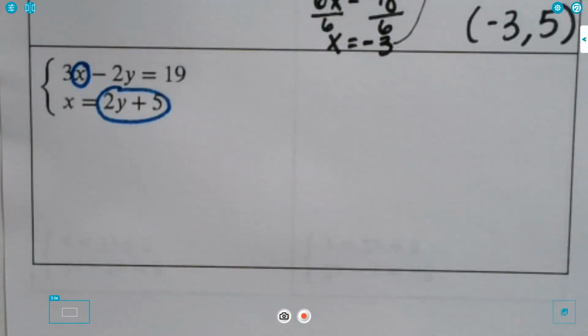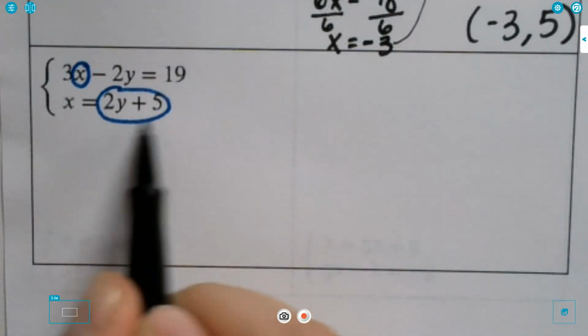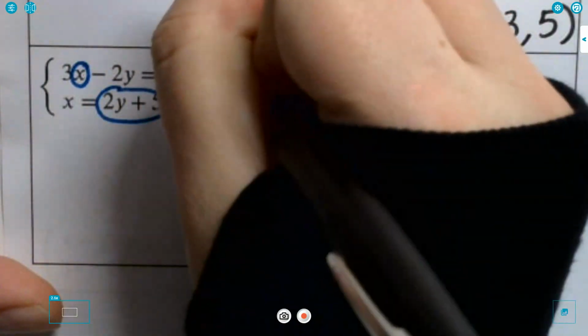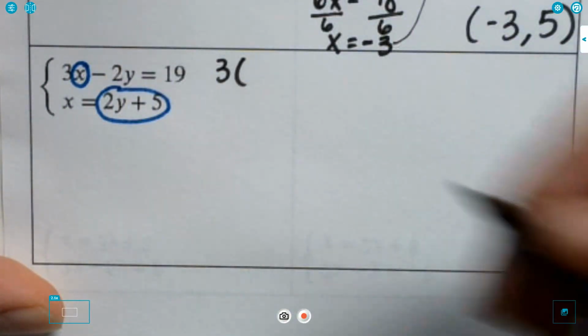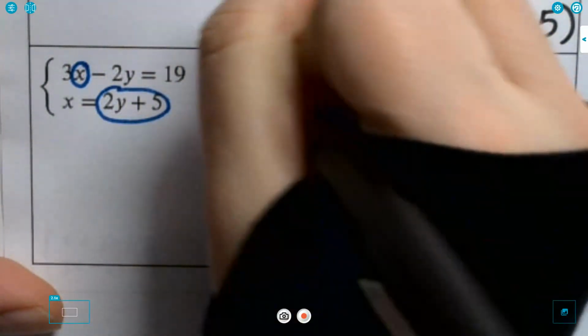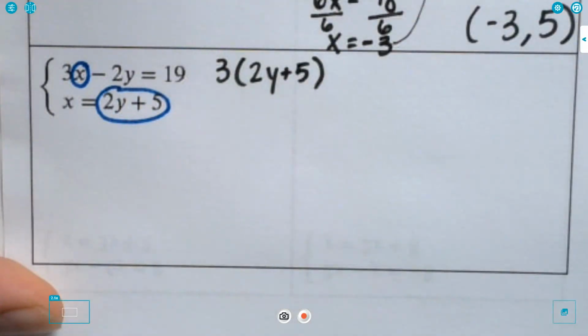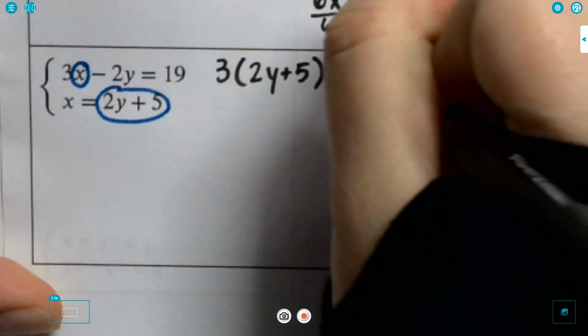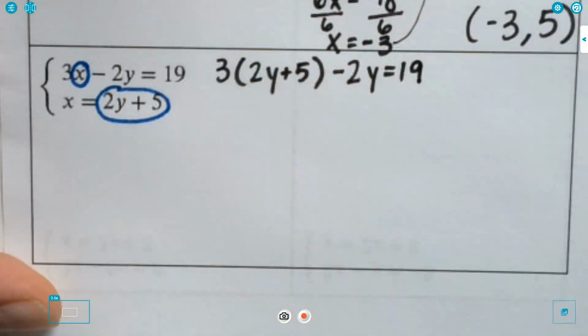So since we know what x equals, we're going to plug it in for x. We can go ahead and do that. So we're plugging in 2y plus 5 for that x. So it's going to be 3, and then in parentheses, we're going to plug in 2y plus 5. And we've got minus 2y equals 19.